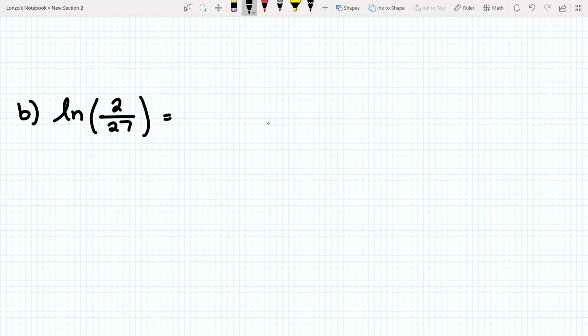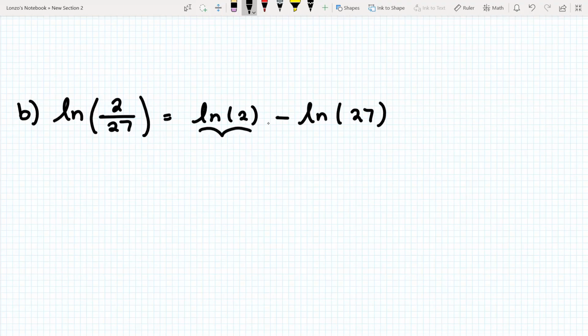So when you're dividing, you're really subtracting in the rule of logs. So you can rewrite this as ln of 2 minus ln of 27, right? Now, this is already an ln of 2, so we don't have to do anything with this. But we've got to make this an ln of 3, right?